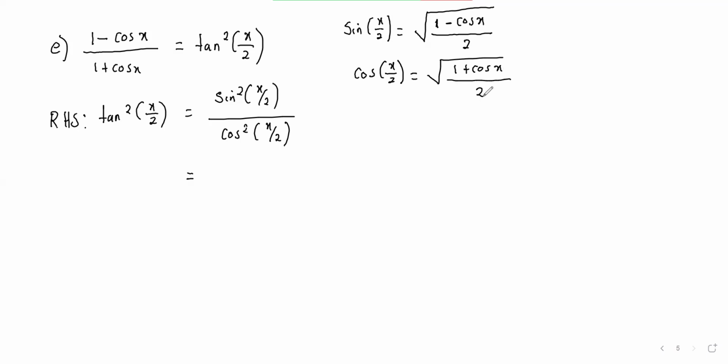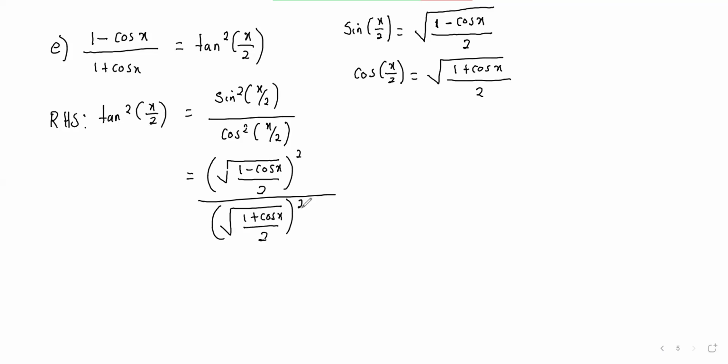So if we put those here, we are putting them as the square root of 1 minus cos x over 2 squared over the square root of 1 plus cos x over 2 squared, which is 1 minus cos x over 2 over 1 plus cos x over 2.